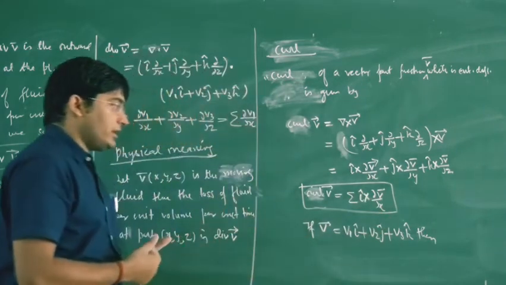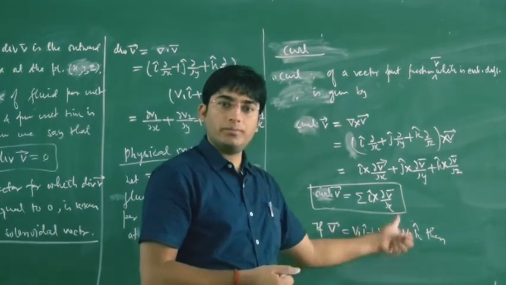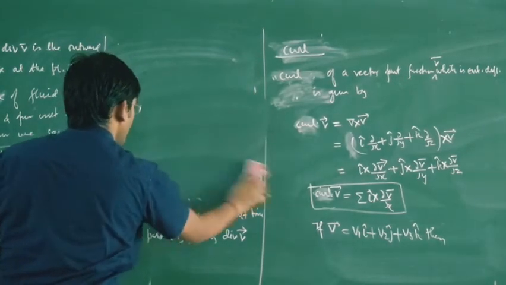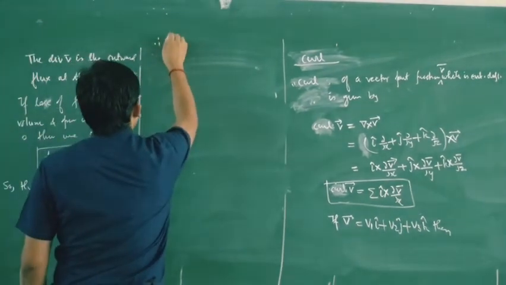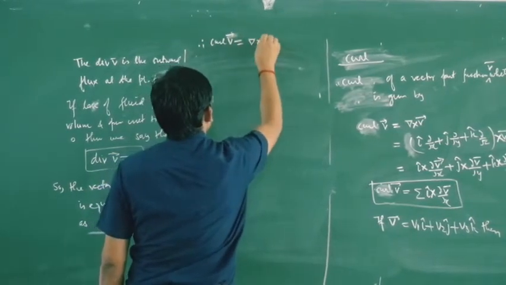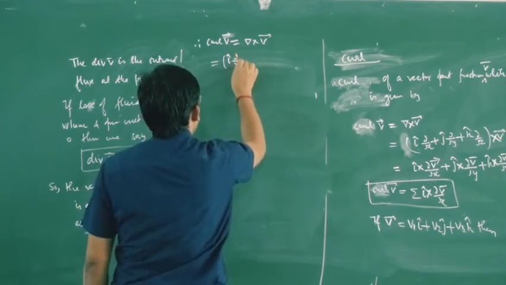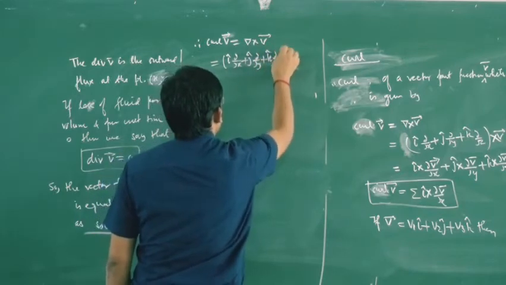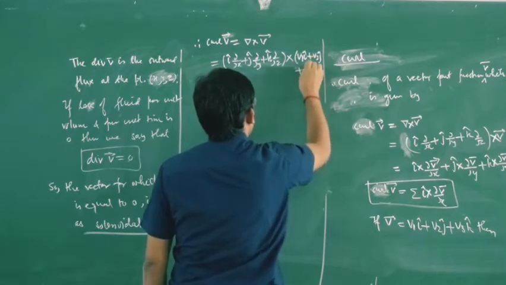Now if you write v in the component form, then v will be v1 i plus v2 j plus v3 k. So curl v is equal to del cross v. Del is i del by del x plus j del by del y plus k del by del z, into v1 i plus v2 j plus v3 k.